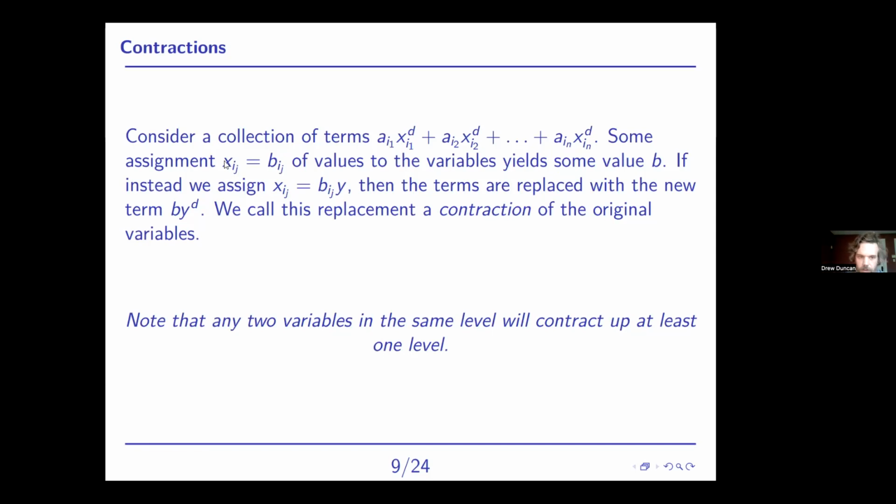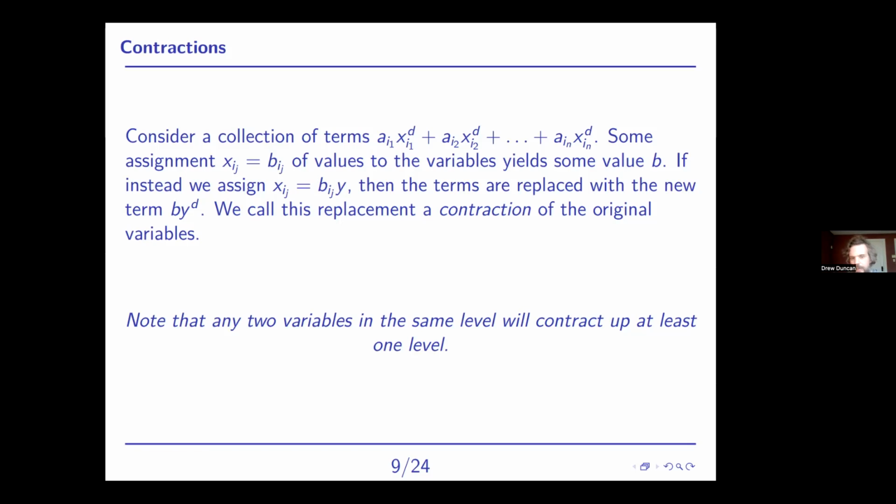So I think this is clear. We can make this substitution instead, and all of the terms that we were looking at are replaced by this new term, b times y to the d, where B is any value that could have been represented by this collection of terms. So we can think of this as taking these terms and kind of squashing them down into a new one, getting a new variable.